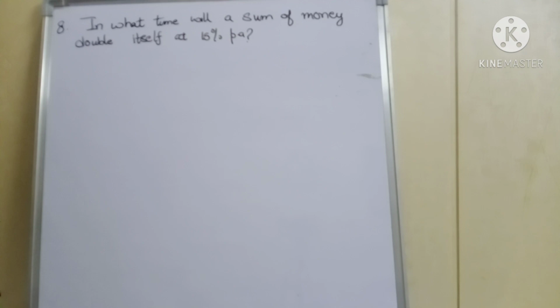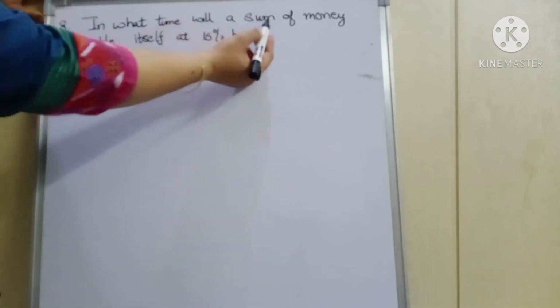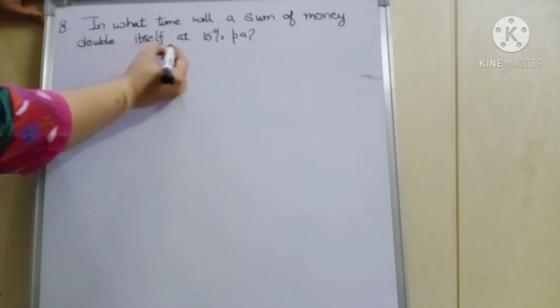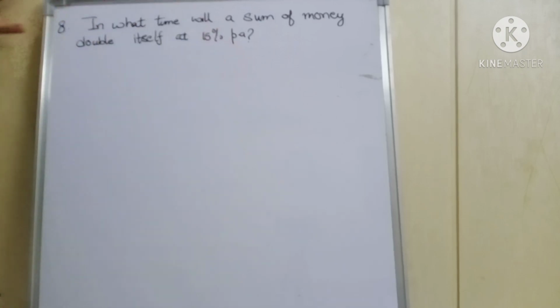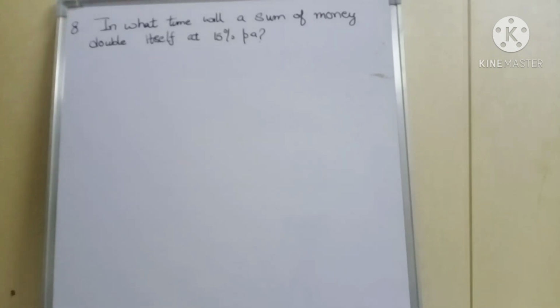Let's see sum number 8. In what time period will the sum of money double itself at 15% per annum? This sum is the same as sum number 6 we have done. In the sixth sum, you have to find the rate of interest. Time is given to you.